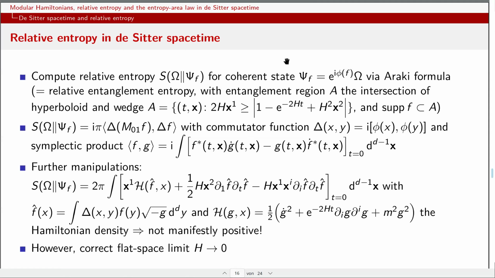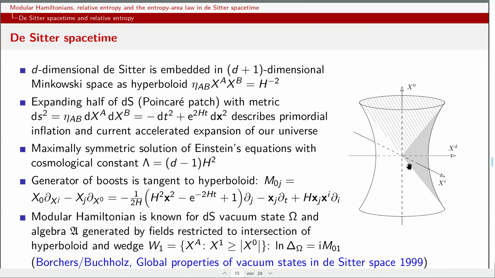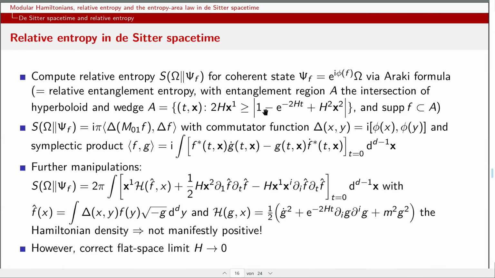It is in fact the relative entanglement entropy, because we compare two states, and entanglement because we have restricted to this region A, which is the intersection of the Rindler wedge with the de Sitter hyperboloid. So it's this region in the coordinates. And the state that we look at is such that this function f is exactly inside this region.